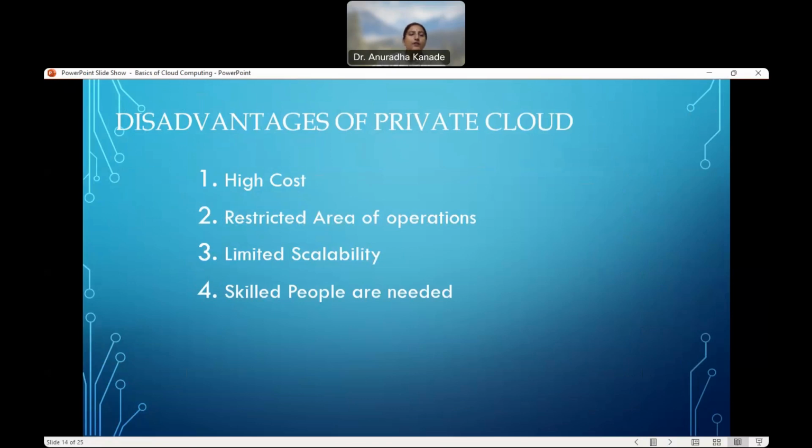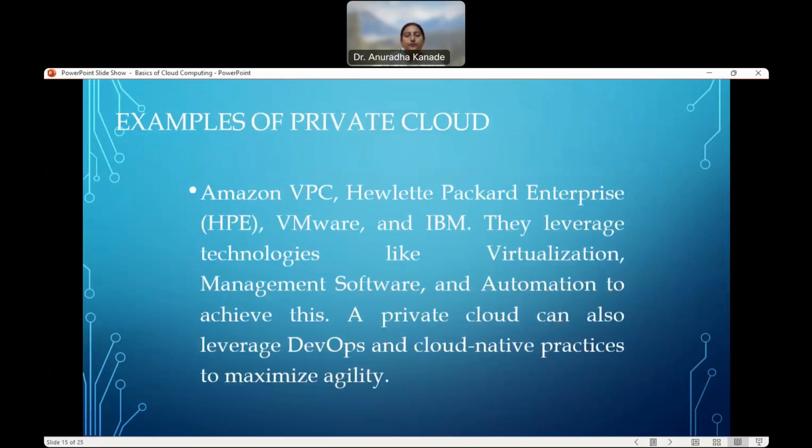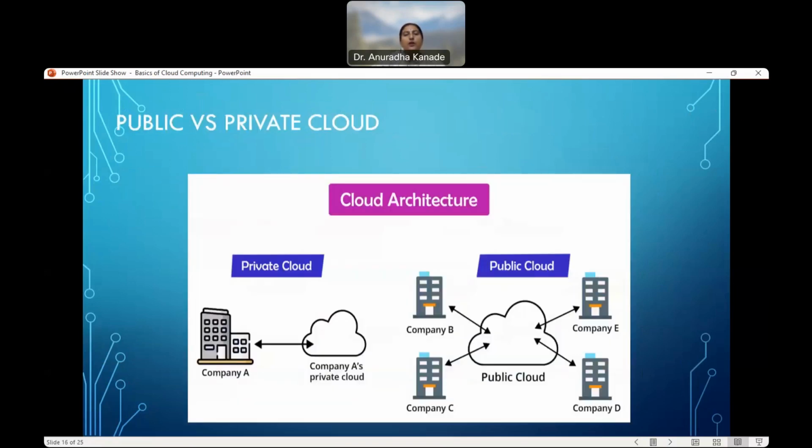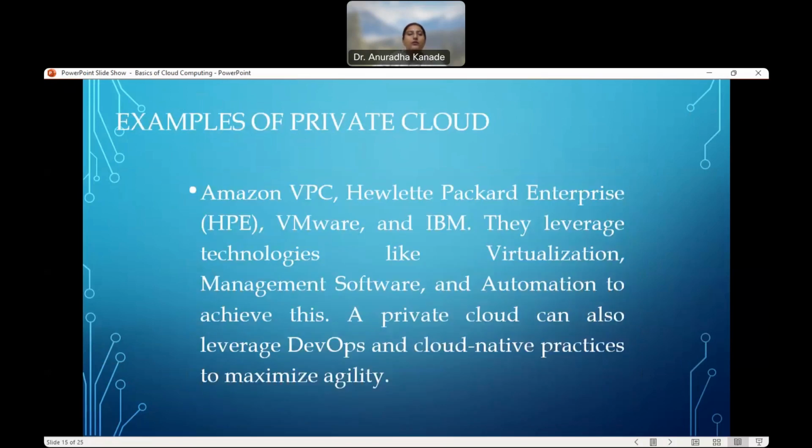Sometimes the resources are very costly, so adding more resources may incur a huge cost. People who are utilizing private cloud services are to be skilled or trained. Some examples of private cloud are VMware, IBM, then Hewlett Packard Enterprise, and many more.